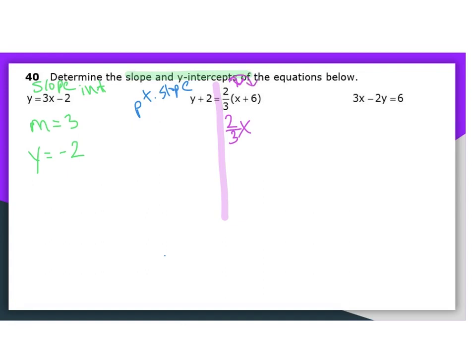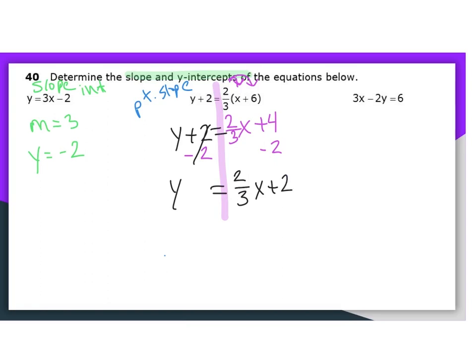And then we have 2/3 times 6, which comes out to 4. And then the front is still the same. Our next step is to subtract 2 from both sides. When we do that, we're left with y, since 2 minus 2 cancels out, equals 2/3 x plus 2.